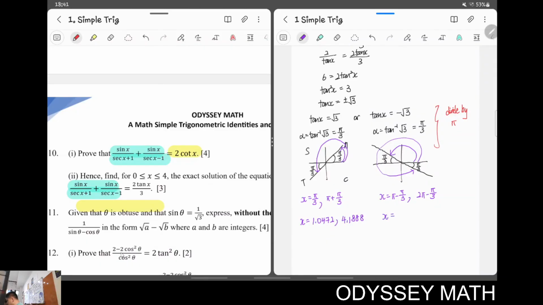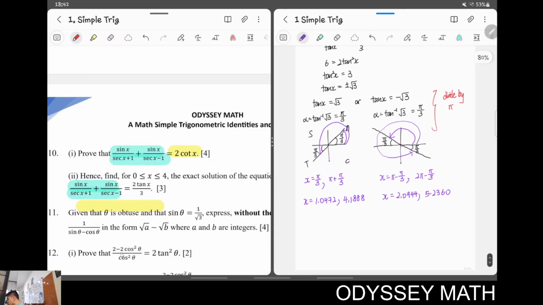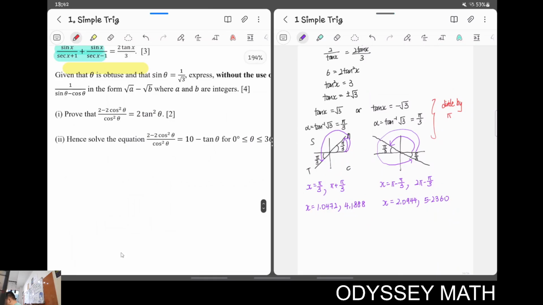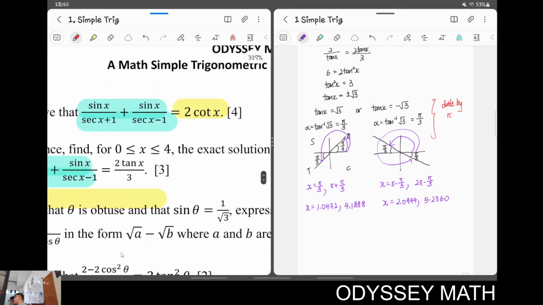Here pi minus pi over 3 is 2.0944. And 2 pi minus pi over 3 is 5.2360.